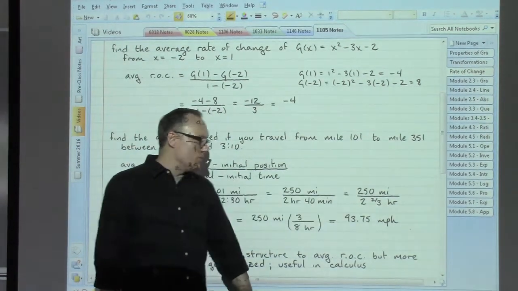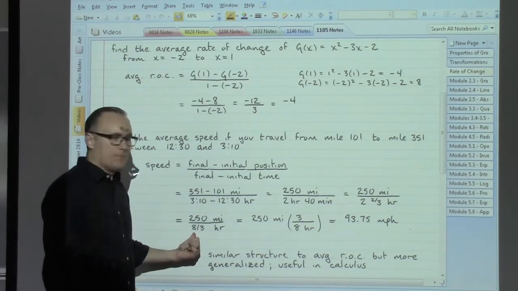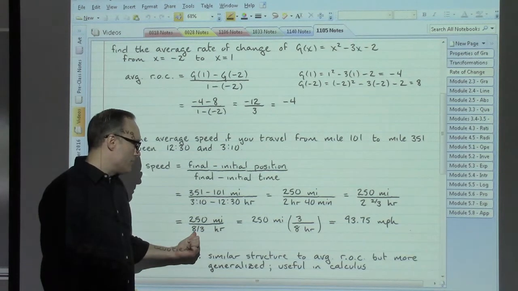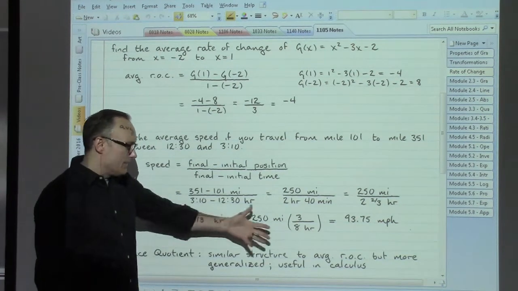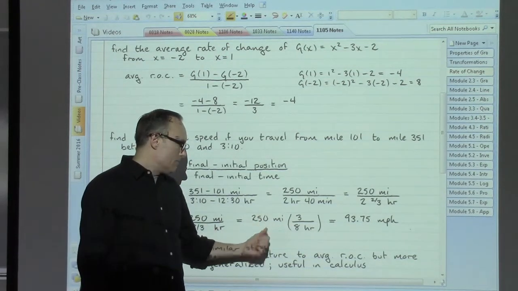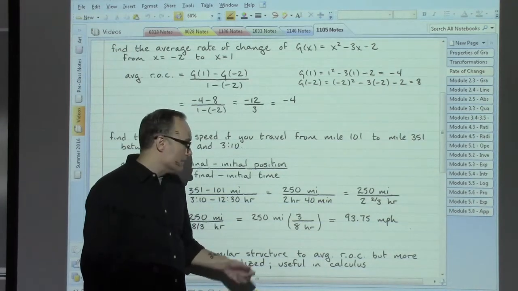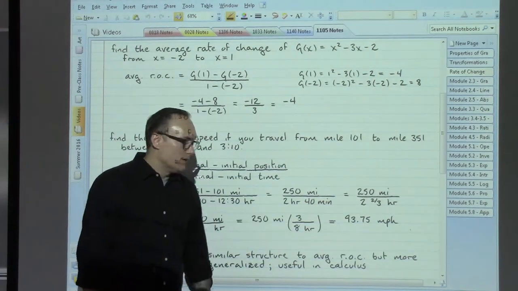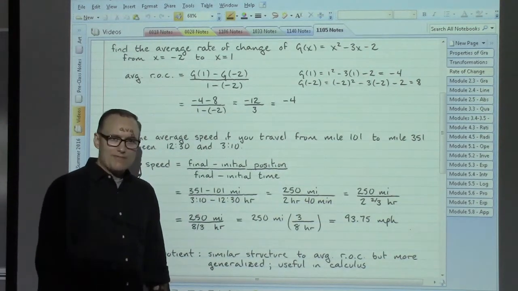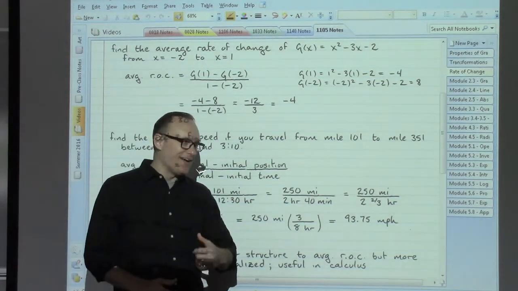So down on the bottom, 2 2/3, that's still not very convenient. So scrap the mixed number and do the fraction version instead. And then, instead of dividing by the fraction, keep, change, flip: keep the 250, change this to multiplying by the 3/8, and we would get 93.75 miles per hour. Somebody's speeding, or somebody's on the Autobahn.